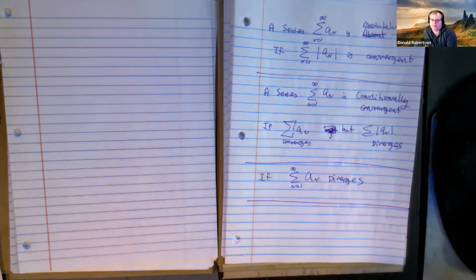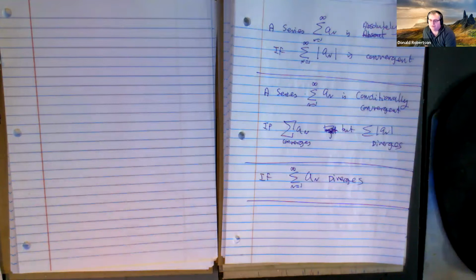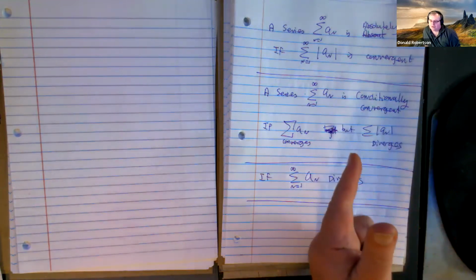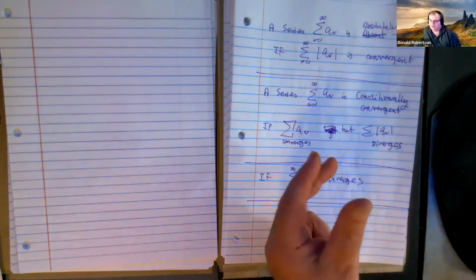Typically, a question would look like that: here is a series. Is it absolutely convergent, conditionally convergent, or does it just diverge? That's the three choices that you've now got. You used to only have two choices, convergent and divergent. Now you've got three: absolutely convergent, conditionally convergent, and divergent.